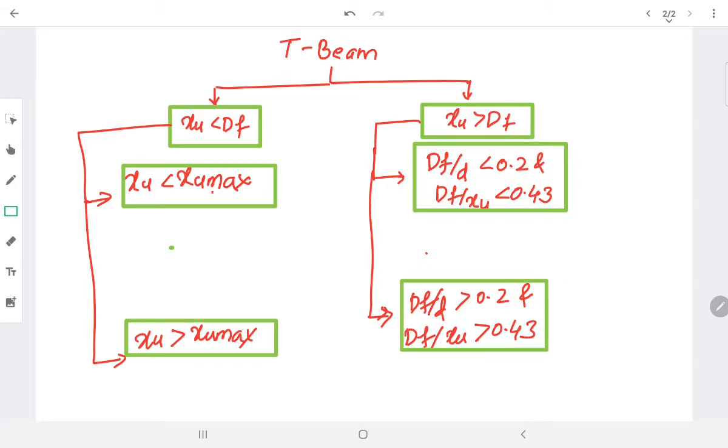Four conditions are there. Based on these conditions, first I will be checking whether xu is less than df or xu greater than df. Later, if the value is xu less than df, in that case I will compare xu and xu max.